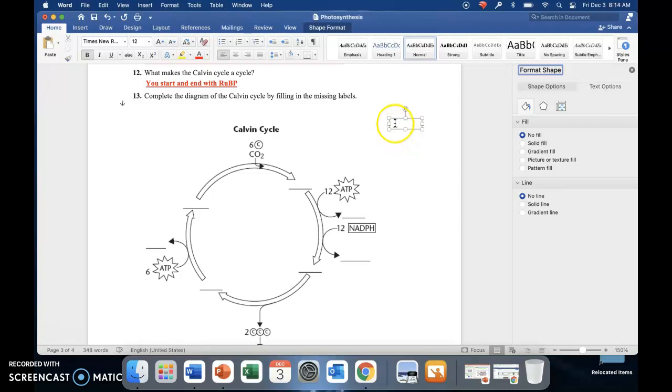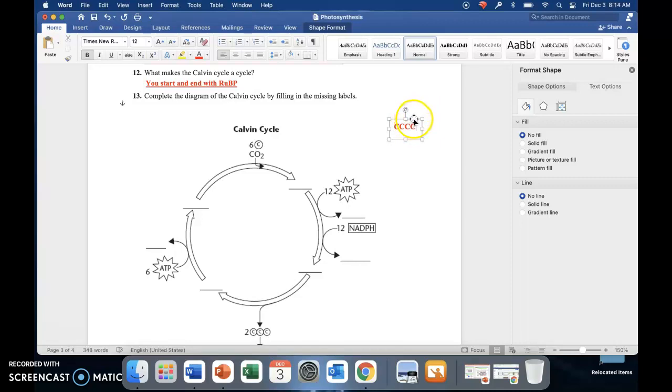Again, we are going to start with RuBP. RuBP happens to be, let me do it this way, 4 carbons.